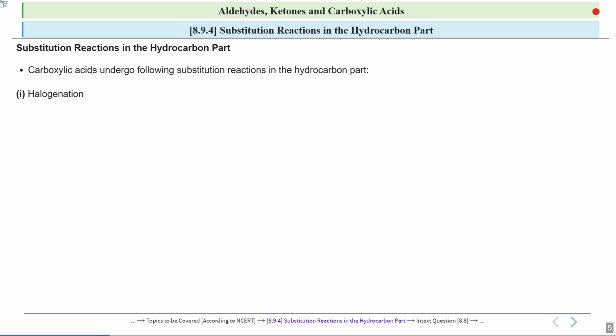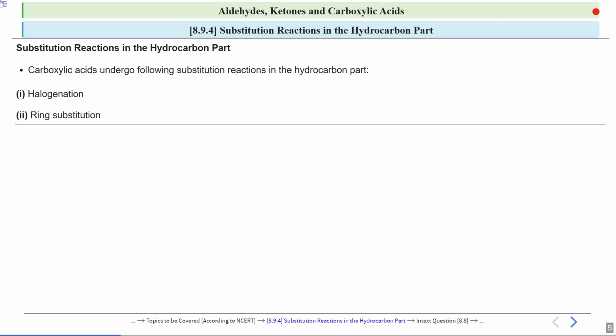In halogenation, a hydrogen atom in the hydrocarbon part is replaced by a halogen atom, like chlorine or bromine. For example, if we start with acetic acid and replace a hydrogen with chlorine, what do we get? We get chloroacetic acid. So this is halogenation.